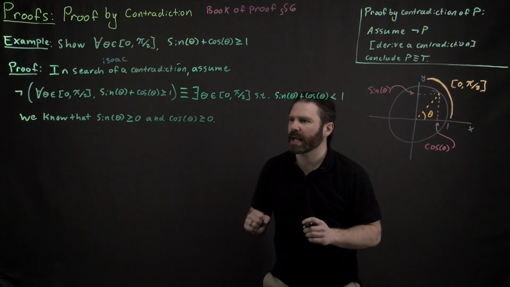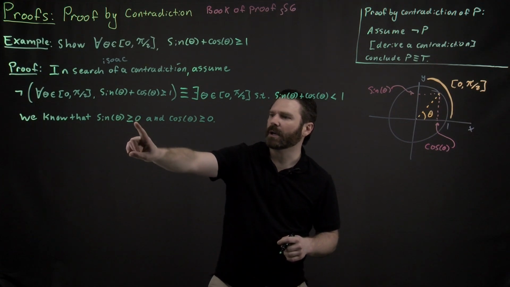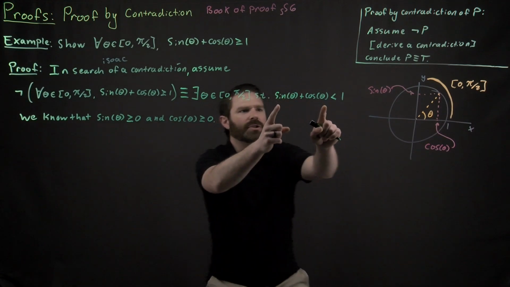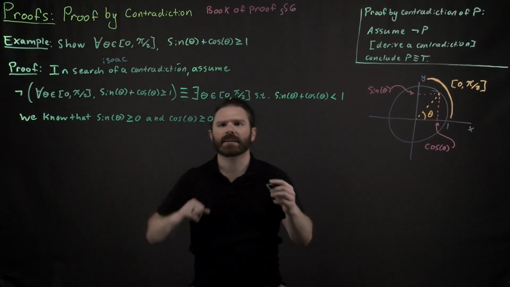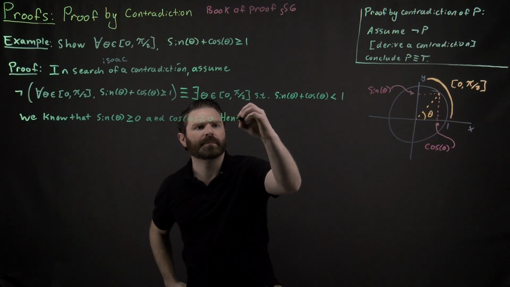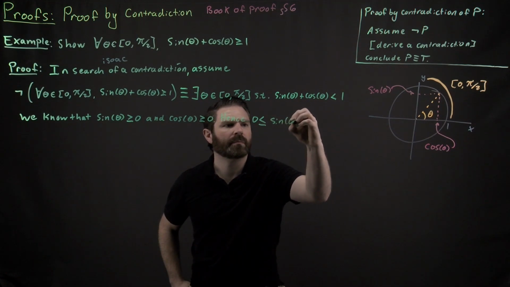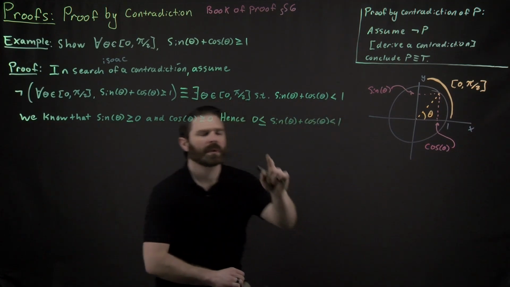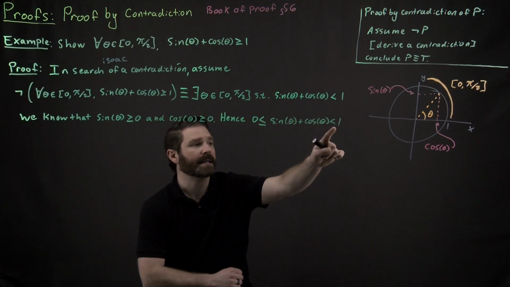And that information that we have to work with, since we know that this is non-negative and that is non-negative, and for that particular theta, we also know that their sum is less than 1. That means that we have 0 is less than or equal to sine theta plus cosine theta is less than 1.